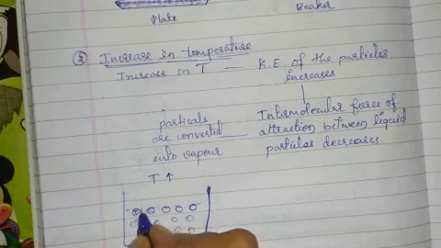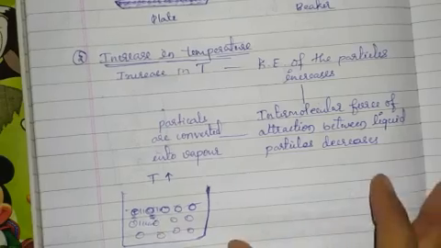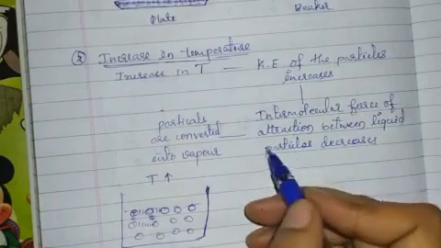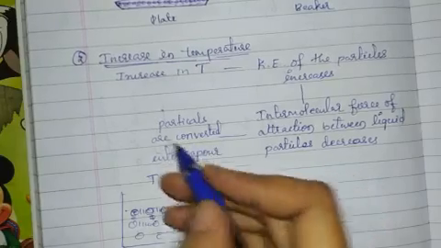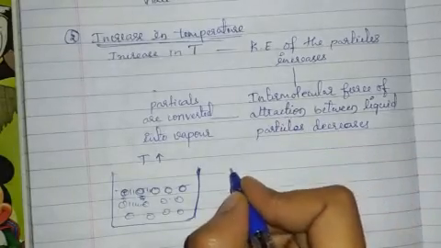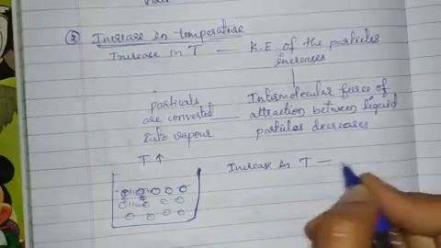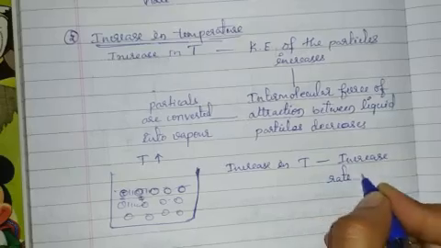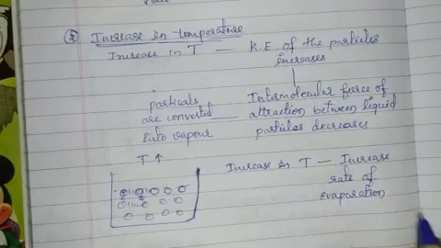When kinetic energy increases, they will easily overcome the intermolecular force of attraction. As a result, these liquid particles can be easily converted into vapor. Therefore, increase in temperature will increase the rate of evaporation.